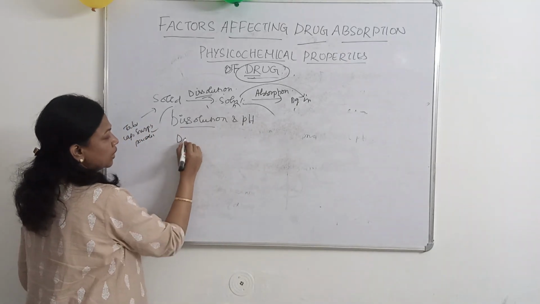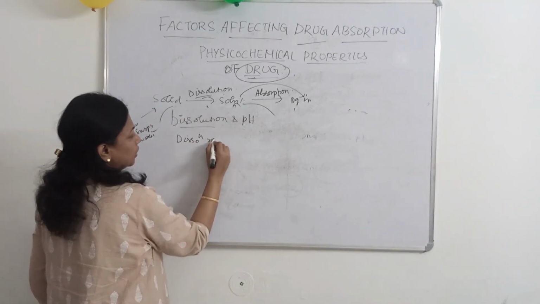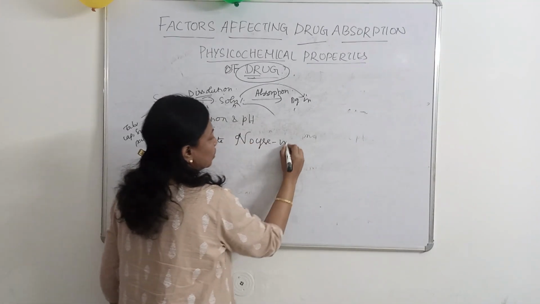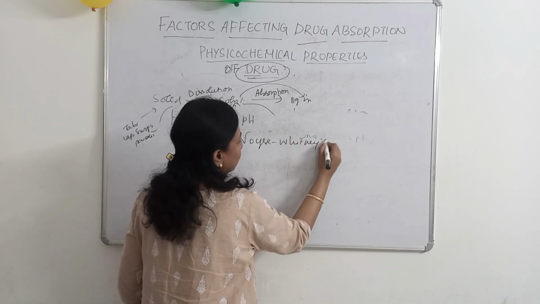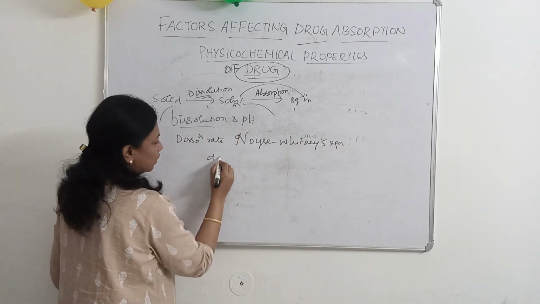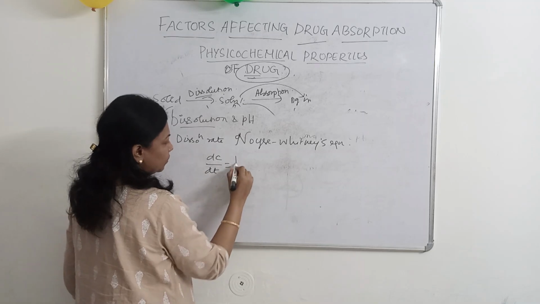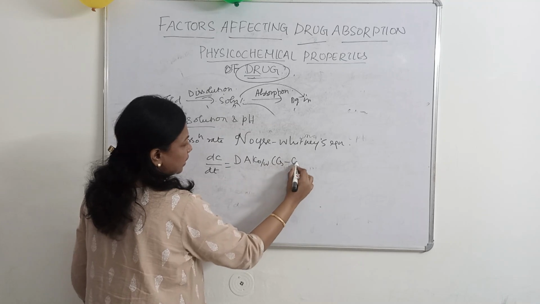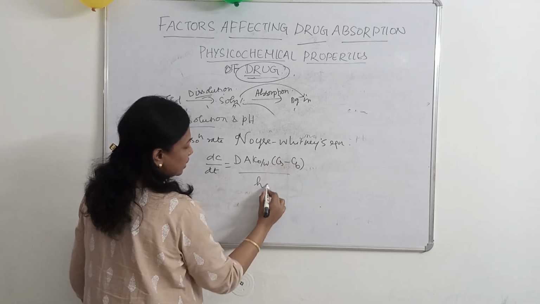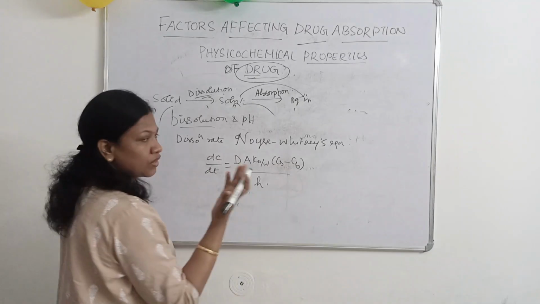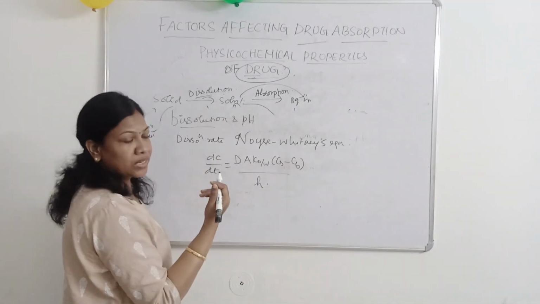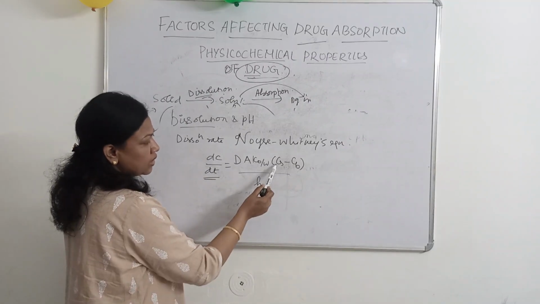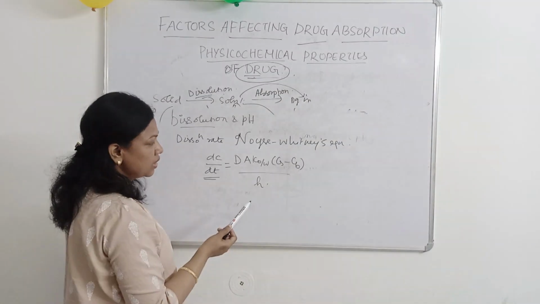The dissolution rate of a drug can be explained by the famous Noyes-Whitney equation, where the dissolution rate is equal to dC/dt = DAKw/b (Cs - Cb)/h, which is similar to Fick's law. Fick's law explains the diffusion rate, whereas the Noyes-Whitney equation explains the dissolution rate. Here, instead of C1 and C2, we have mentioned Cs and Cb.